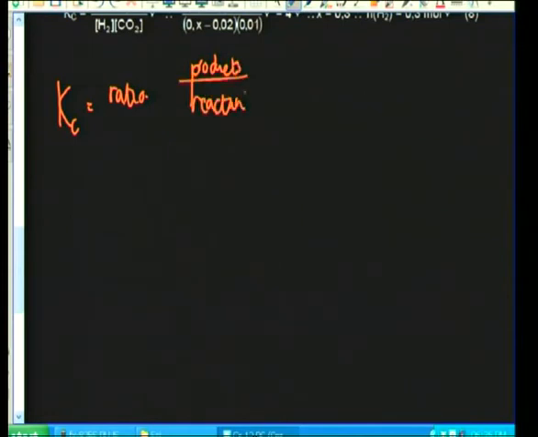But not just products over reactants, we are going to be dealing with the concentration of the products and the concentration of the reactants. So this value will tell us how much substance is coming out. A high Kc value is an indication to you that you've got lots and lots of products coming through at this point in the equilibrium.